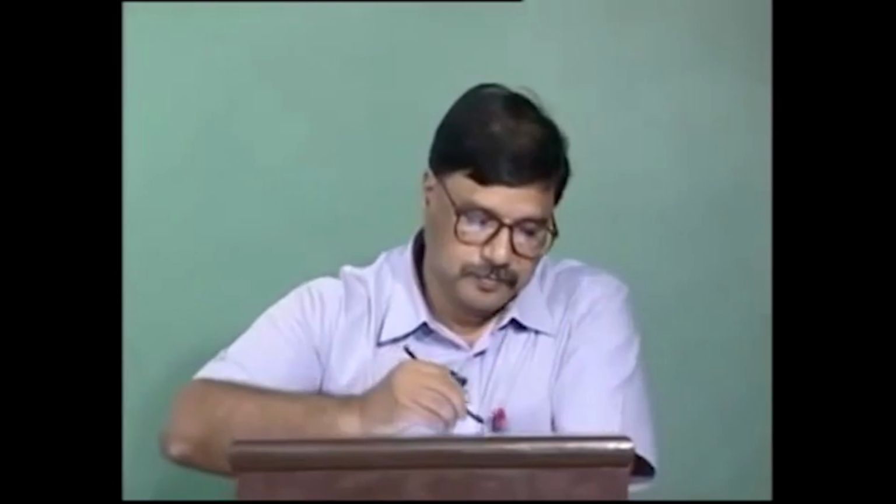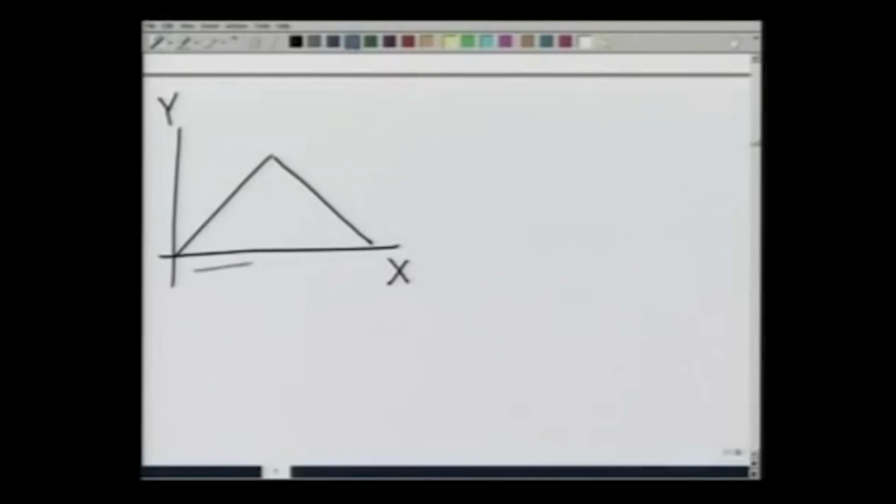Let us now calculate the y coordinate. Again, I make this triangle, x, y, b, a, h, and to calculate the y coordinate, I take the elemental area dA like this.